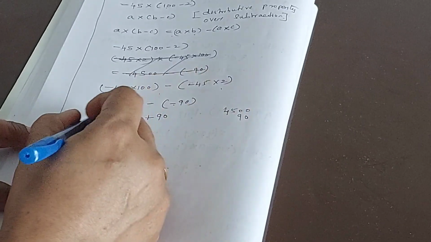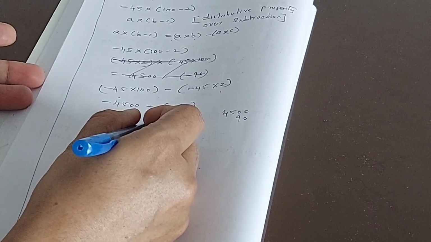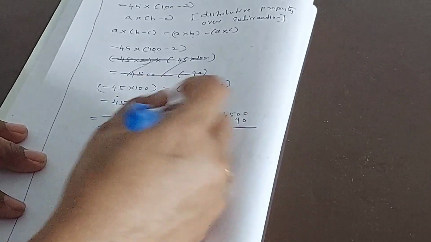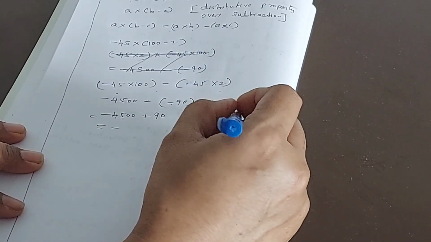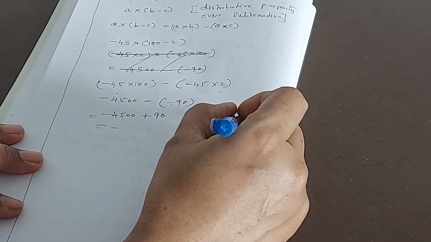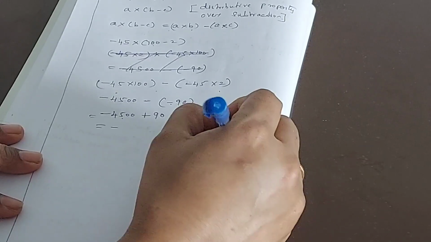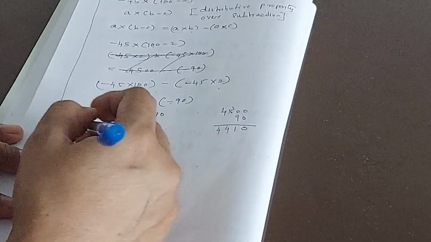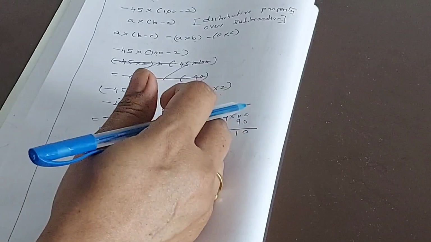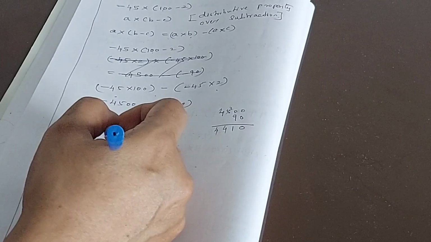One term is negative and the other is positive, so you have to subtract both terms and find the difference. So 0 will come, and if you take 1, it will become 10. So 10 minus 9 will come 1, and here it will be 4. So 4410 will be your answer. Okay, children, and don't forget to write the negative sign in the answer.